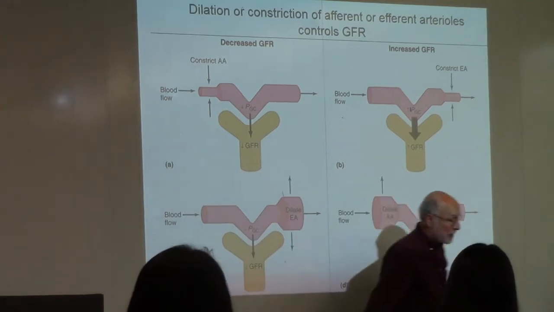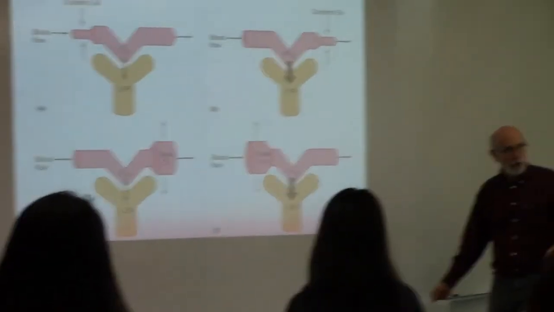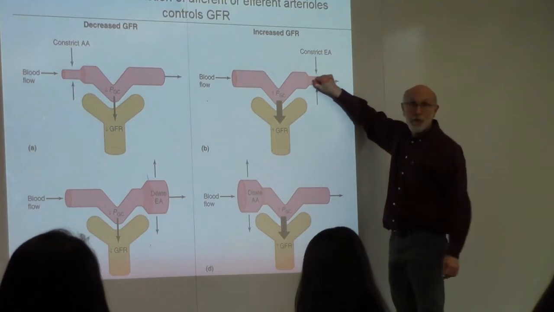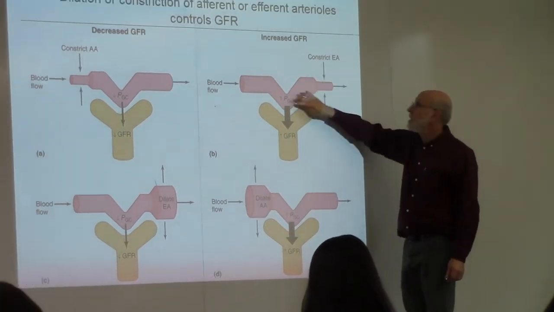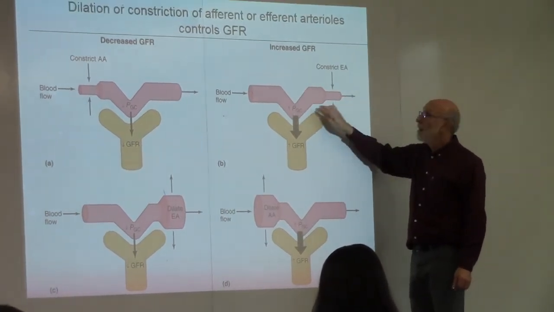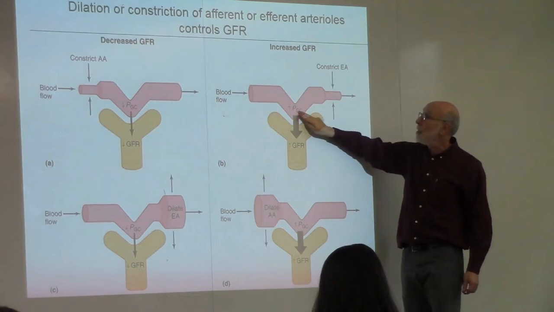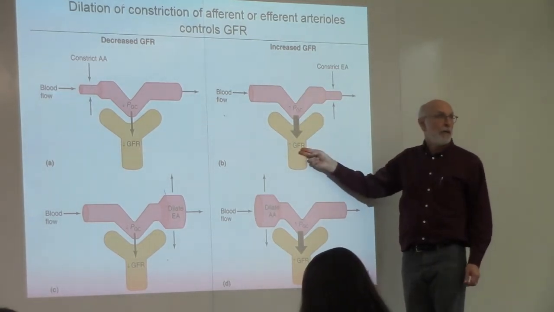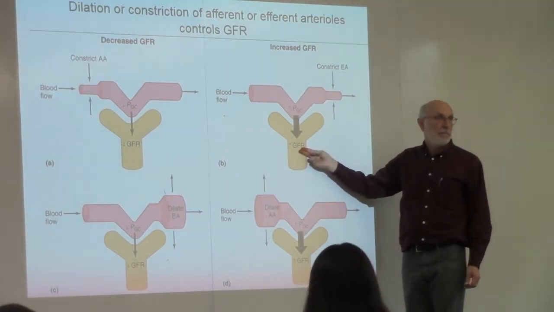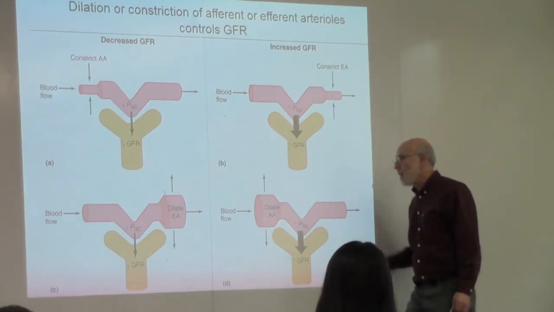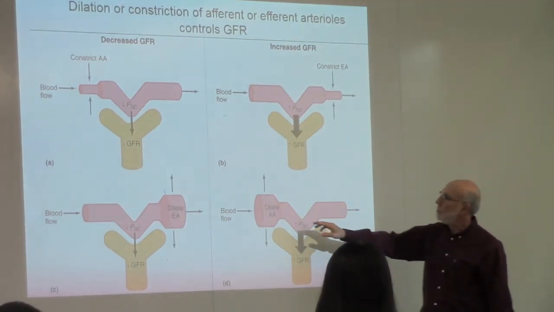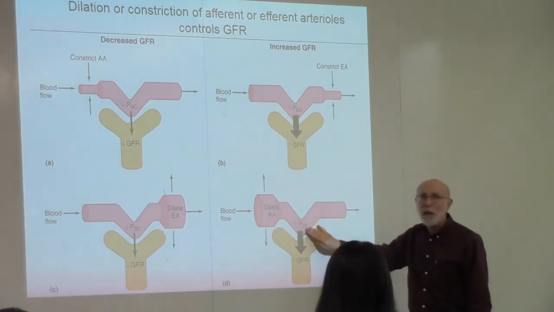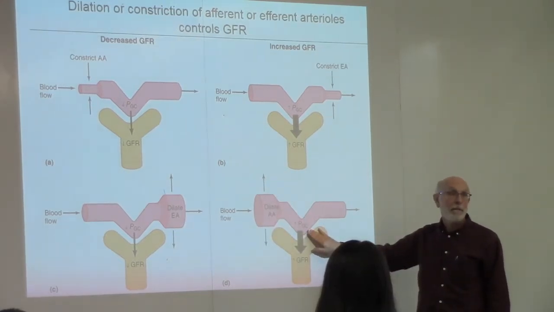And now we can do the opposite over here. Your kidneys do the opposite. If we constrict the efferent arteriole, constricting the outflow, then the pressure in the glomerular capillary is going to increase, and glomerular filtration rate will increase. And then finally, if we dilate the afferent arteriole, then we're bringing more blood into the glomerular capillaries.